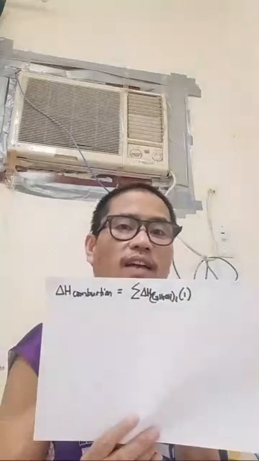Again, all free elements, pure substances that exist as a monoatomic element alone, not a compound, whether a gas, a liquid, or a solid, automatically have a change of enthalpy of formation at standard temperature, 25 degrees Celsius or 298 Kelvin, equal to 0. So I will add oxygen as 0.